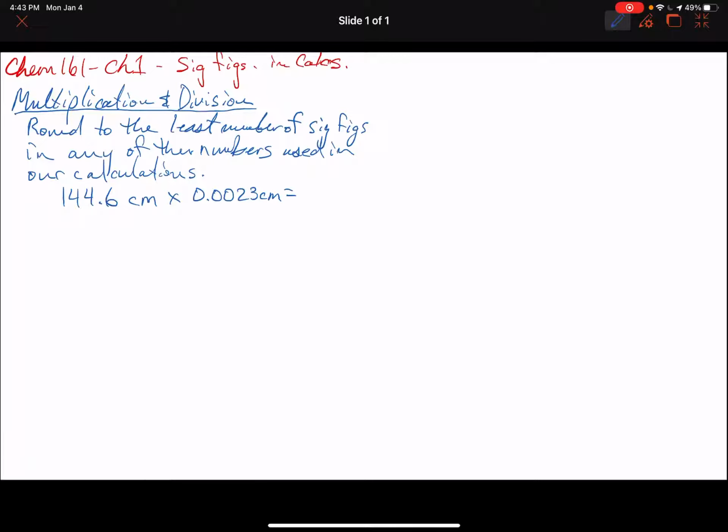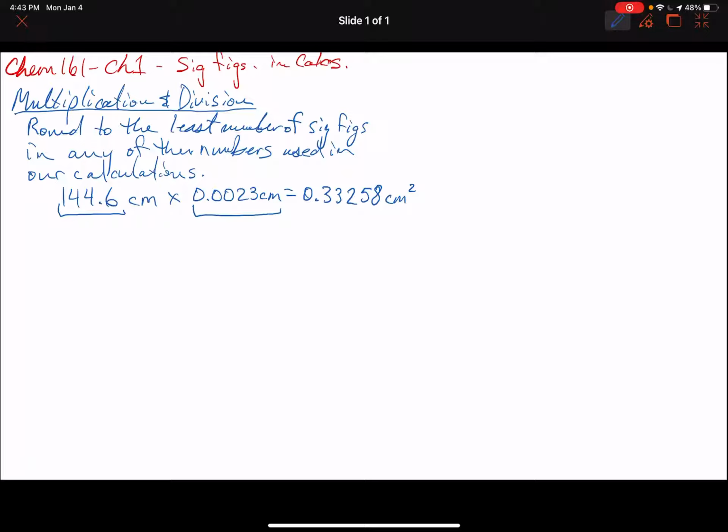The product here is the area. And so if we punch this out on our calculator, we'll see a number like 0.33258 centimeters squared. And so maybe previously you were allowed to leave the answer like that, but now we know something about precision that's already reflected in the amount of sig figs in these two inputs into this calculation, and we need to put that information together into our final answer.